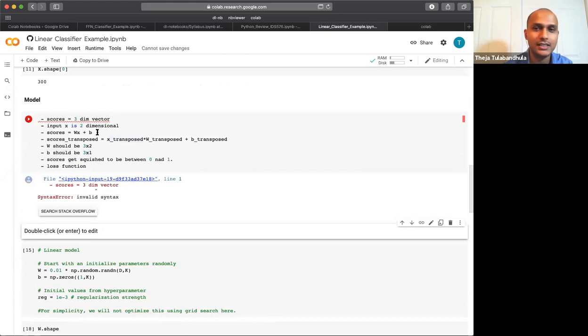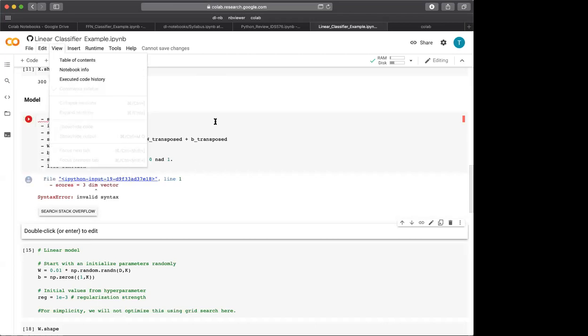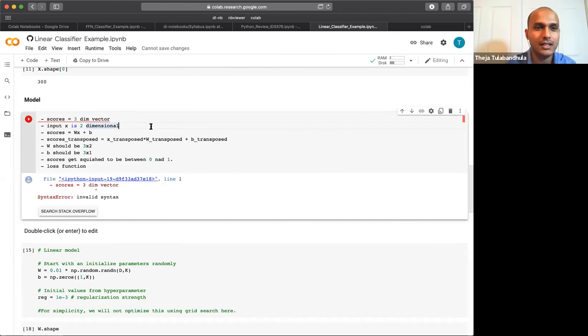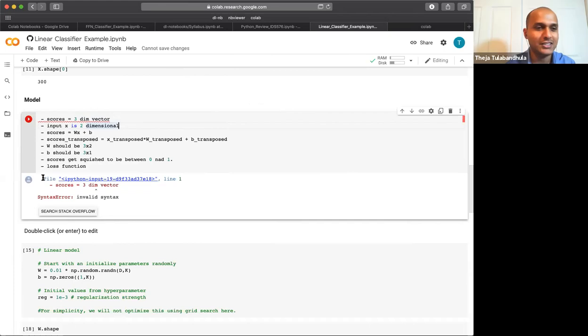How do I change it? Text cell. You can hover over that area. Okay, let's not worry about this.